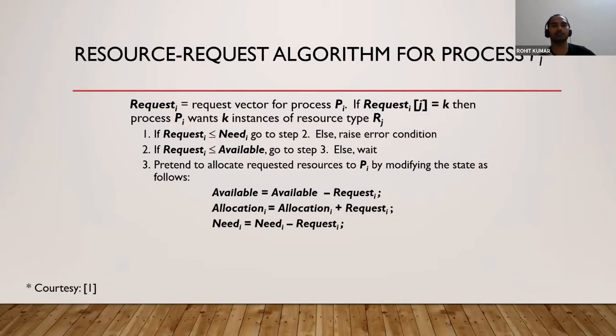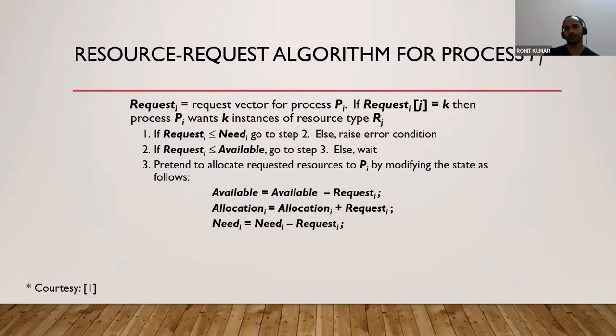The second step: if the request is authentic, is it less than or equal to the available resources? If it is, then obviously you can provide it. But if it is more, then you can't.